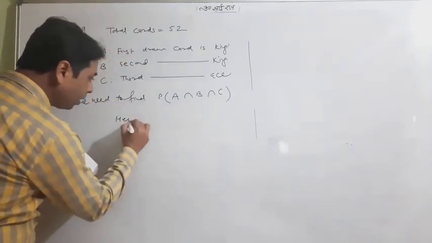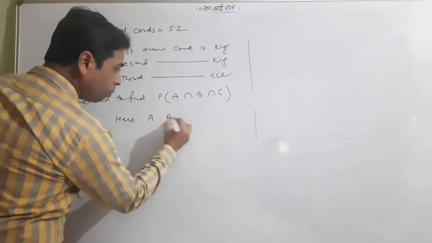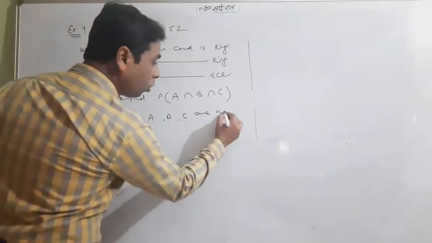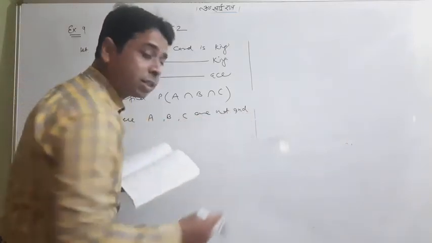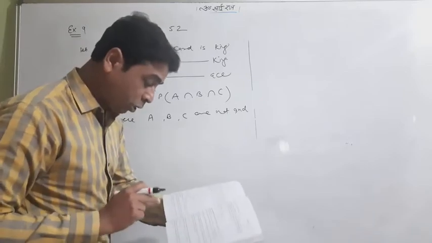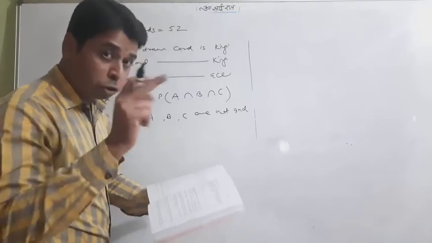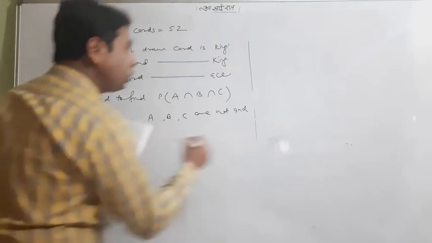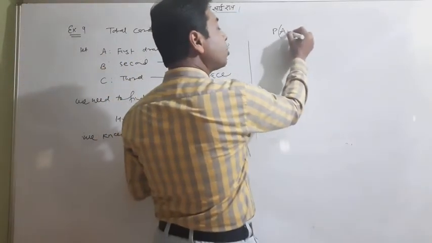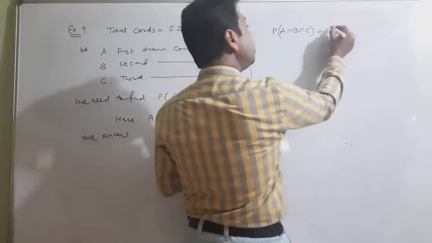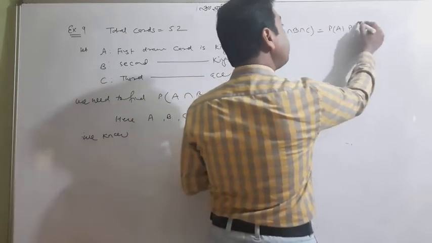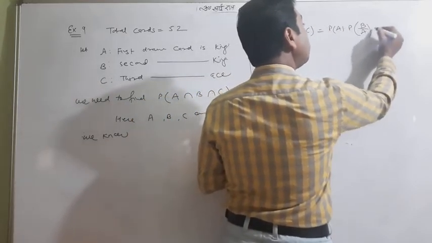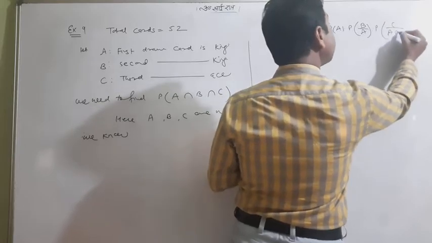Here, according to the question, A, B, C are not independent because cards are not replaced. Look at it, it's specially stated here, without replacement. So we know P of A intersection B intersection C is equal to P of A into P of B upon A into P of C upon A intersection B.